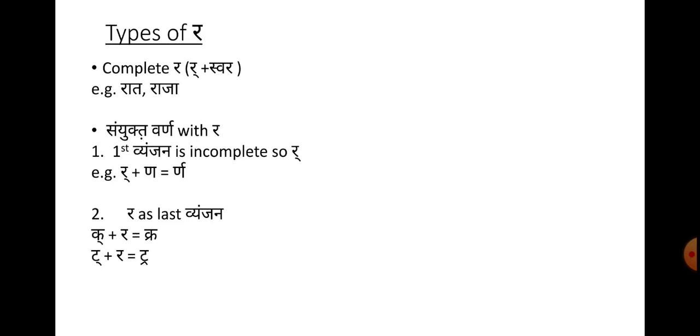Rana, right? R first, na afterwards. But R is very short. Rana. So here what are we learning? Sanyukta Varna. See, Varna. Right? So this is Sanyukta Varna when the first Vyanjan is R.